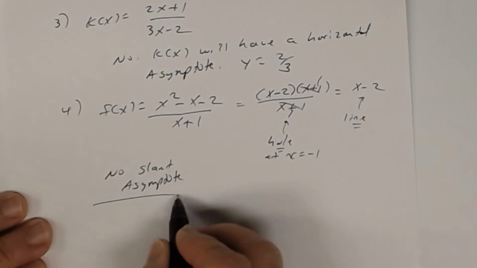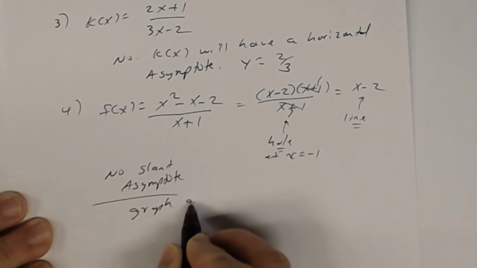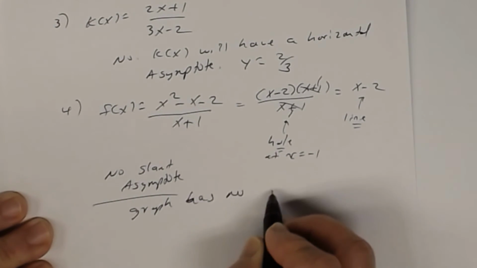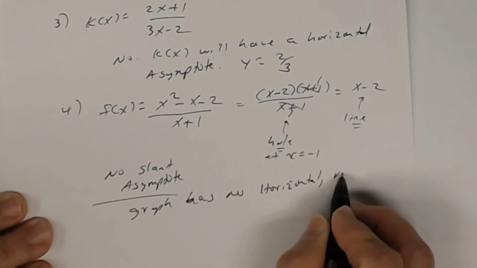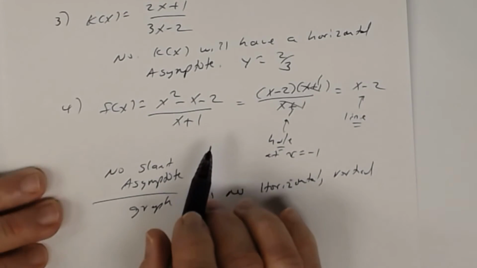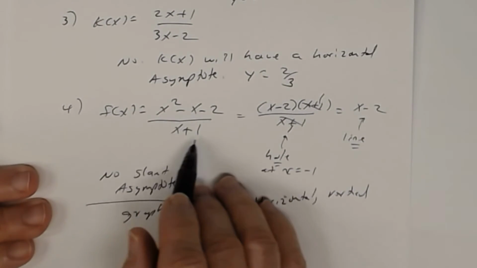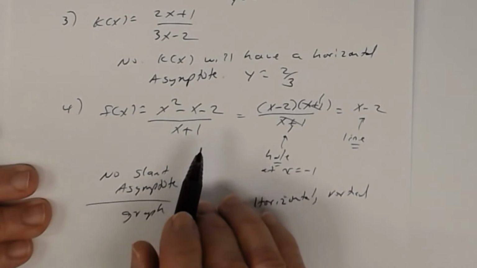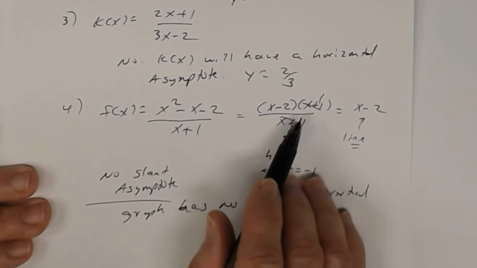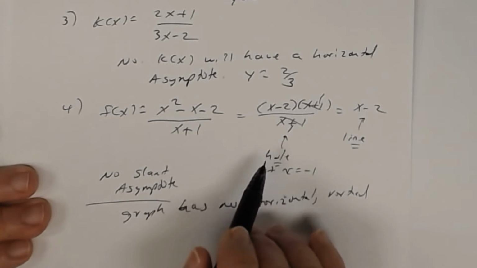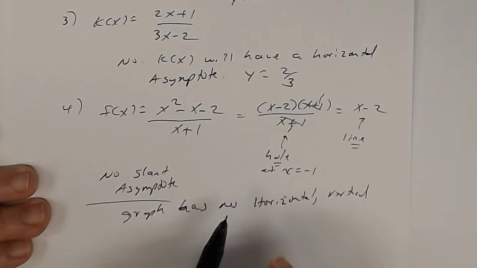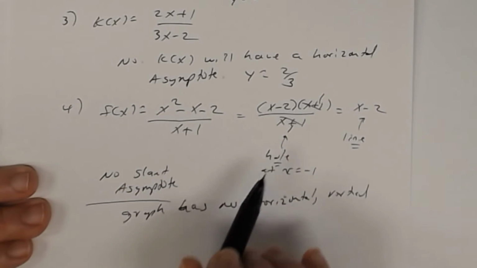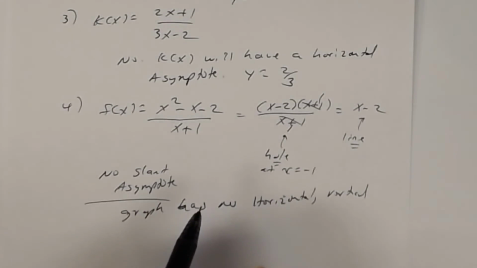So the graph has no horizontal, vertical. You may say, well, you have a restriction. The restriction is x equals -1. Yeah, but remember when you talk about vertical asymptote, if anything divides out, that restriction is no longer a vertical asymptote. It becomes a hole.